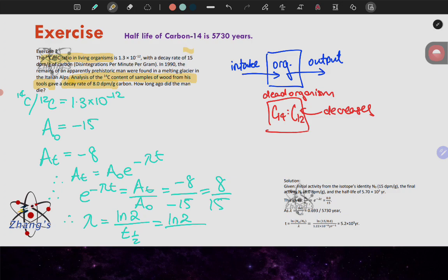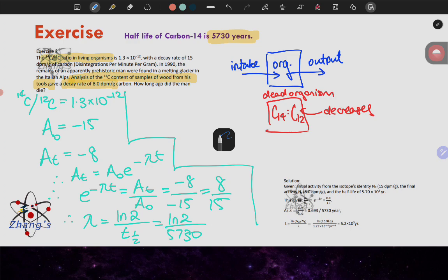Usually they would give you the half-life of carbon, but in this case, oh yes, here. The half-life of carbon is 5,730 years. So we know that this is 5,730. Now, in terms of units, you don't need to convert it to seconds, because your final answer is going to be in the same units as your decay constant.